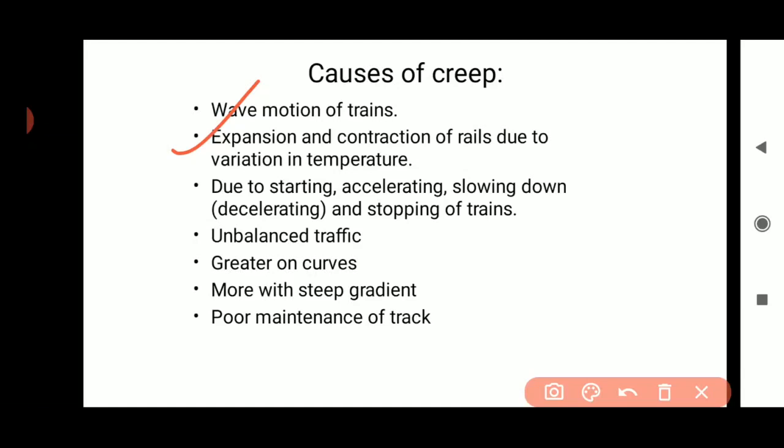Then the next point is poor maintenance of track. Due to the poor maintenance of track components and ill design of super elevation, curves and joints, the creep also occurs. So these are some factors for which the creep is occurring.